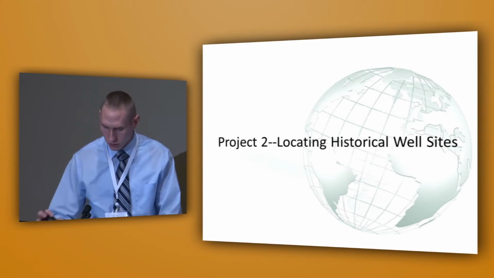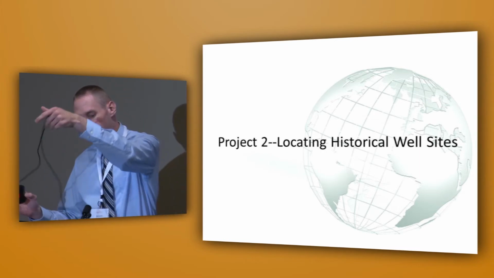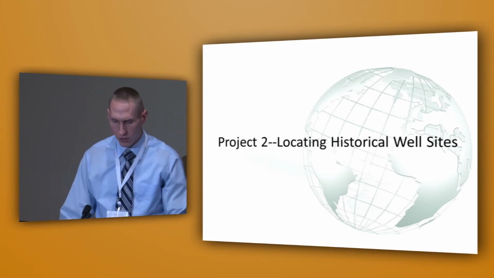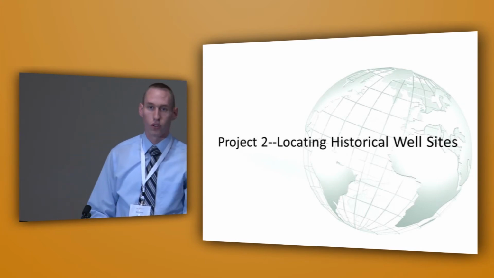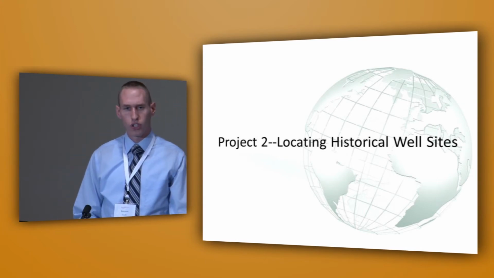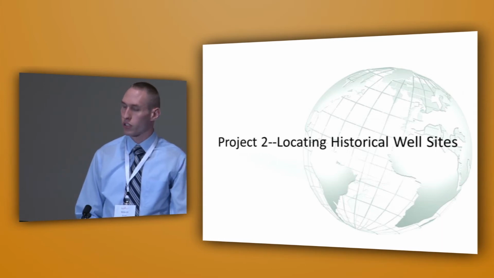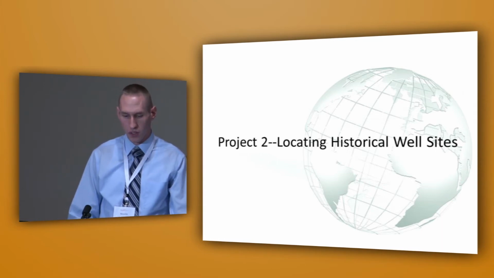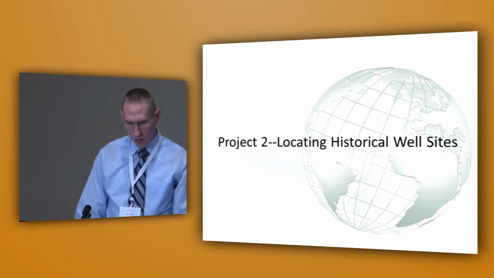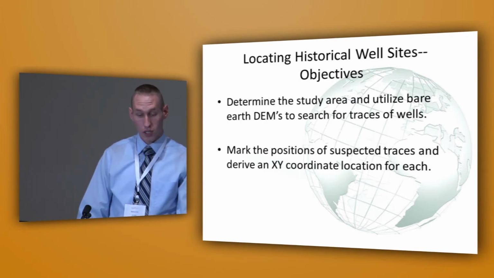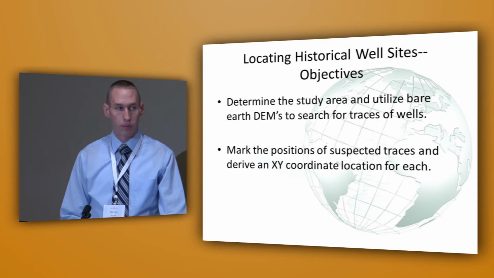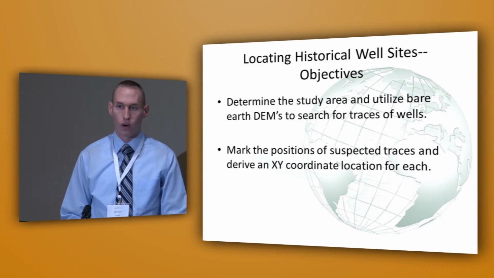So my supervisors came to me on this one, and they said, I'd like you to use GIS and satellite imagery and elevation models and see if you can find some traces of historical wells from back in the 1950s. So what I saw as my objectives were to use these bare earth DEMs and look for traces of wells.